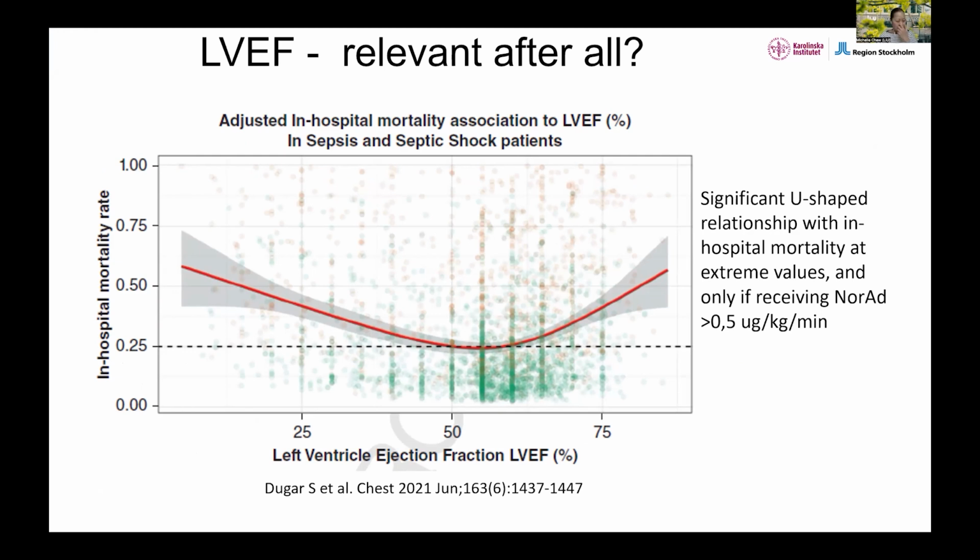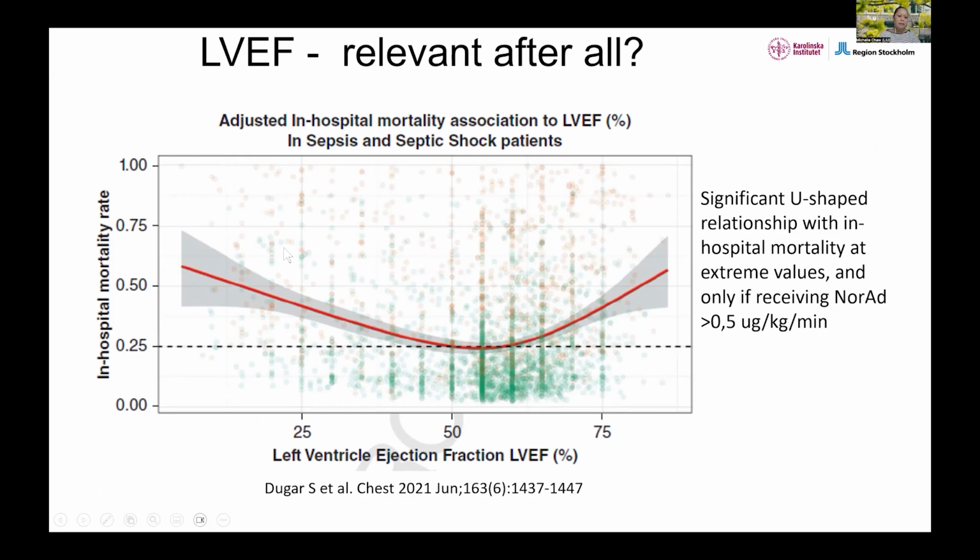And although this was a large study and it was retrospective, it showed that perhaps by considering left ventricular ejection fraction as a linear variable, that we might not capture those important nuances.